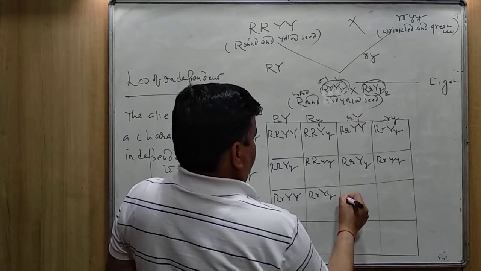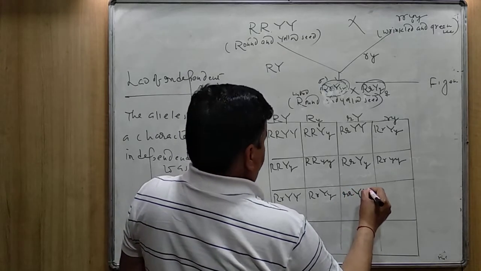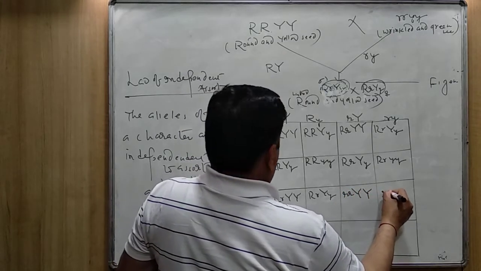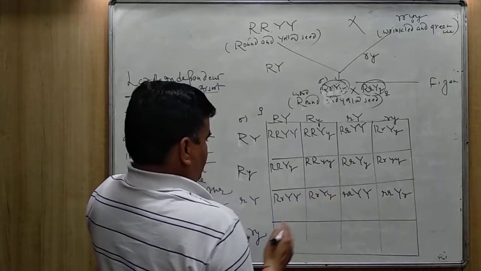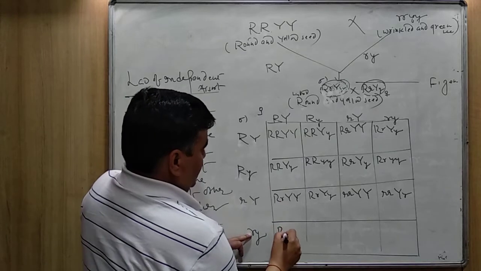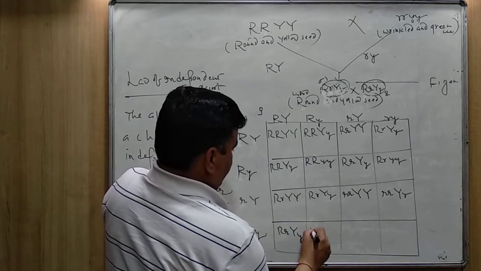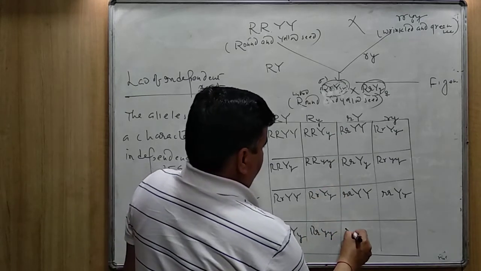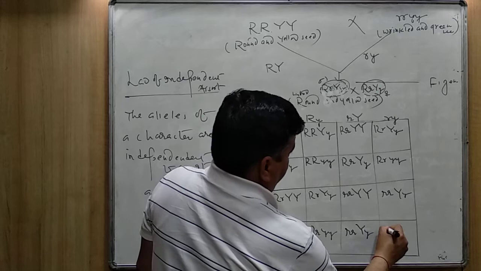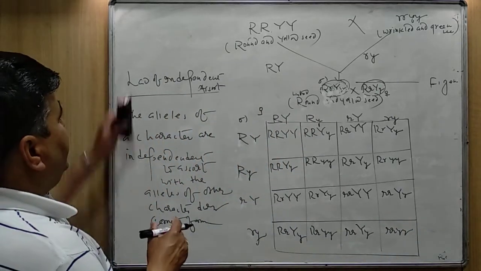You practice it. That how small r, capital Y, R, capital Y, small y. Then capital R, small r, capital R, small r, and this is like this.